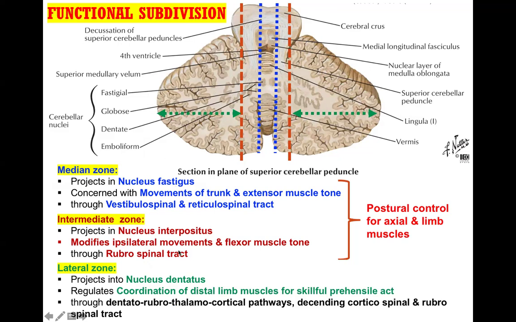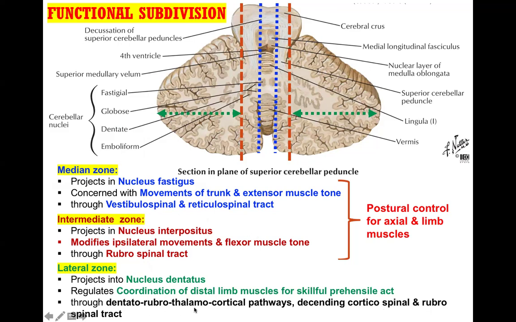And how are they controlled? They are controlled through the dento-rubro-thalamocortical pathway: dentate, red nucleus, thalamus, and the cortex, or the cortical region of the cerebral hemisphere. They are involved in such movement. A lot of parts are involved in such skillful movement, as well as the descending corticospinal and rubrospinal tracts.